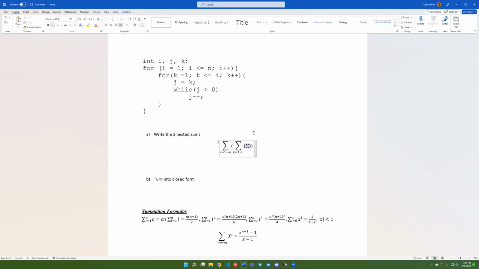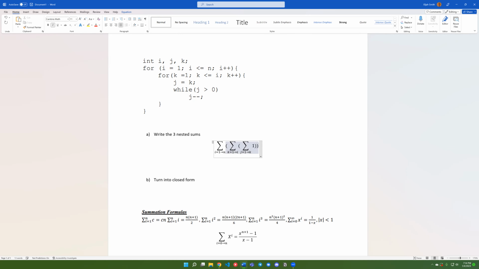So this one, the variable is J, and J goes from 1. Well, technically J goes from K to 1 backwards, but we're just going to go ahead and flip this around. And then each time it performs how many operations? It performs 1 operation. It's going to decrement each time, and that is exactly 1 operation. So we have a constant 1 in here. And this is our 3 nested sums.